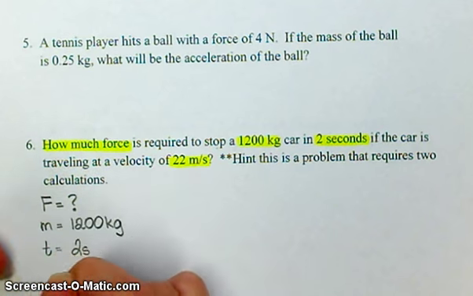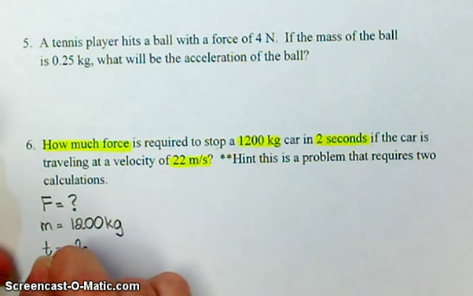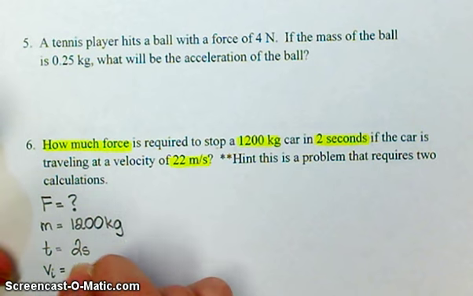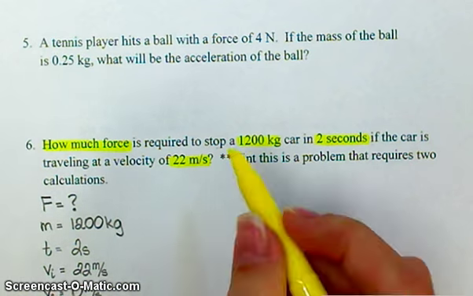We have a final velocity and an initial velocity. Initial velocity is actually 22. Anybody know what the final velocity is? 0. Yes, it's 0. How do you know it's 0? Because it stops. It doesn't give you that number, but, you know, if it's stopped.